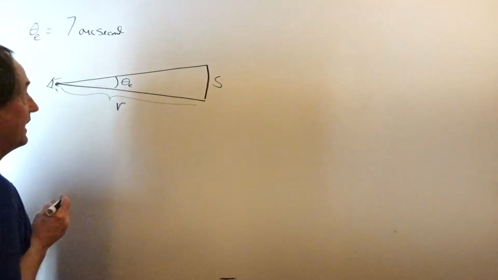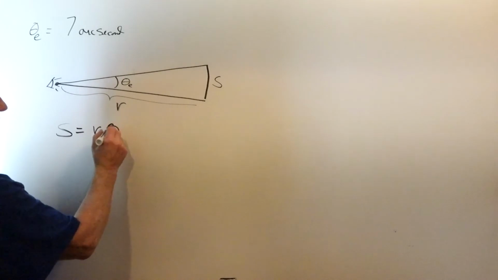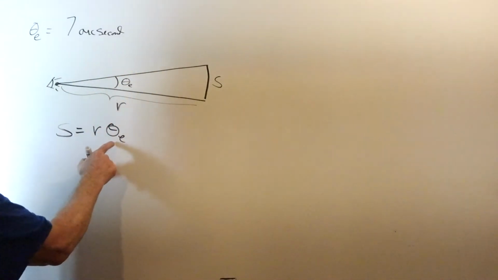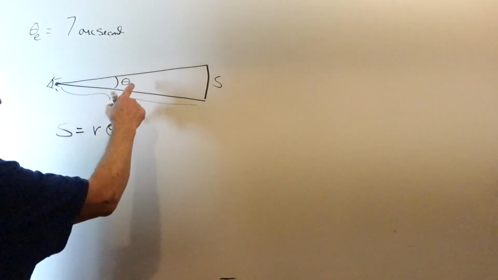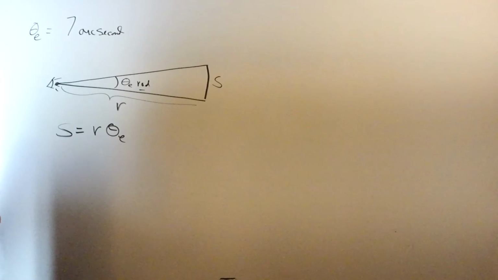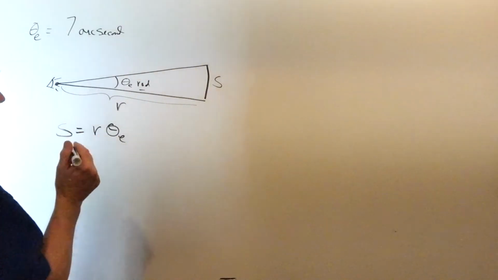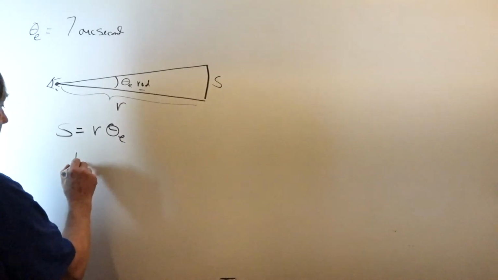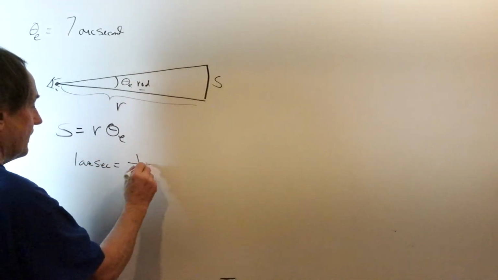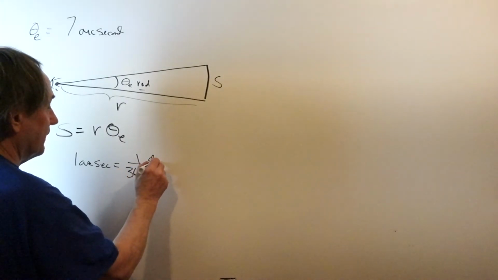We'll call this S. Well, the relationship is that S equals R theta E. But remember that theta E must be in radians. This is radian measure, it cannot be in degree measure in order for this relationship to hold. Well, 1 arc second is 1/3600th of a degree.